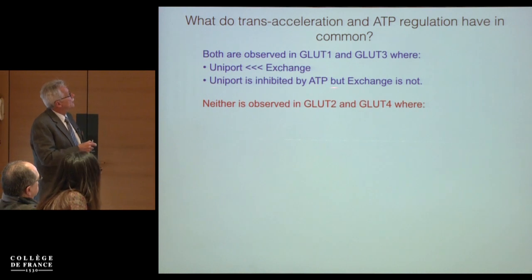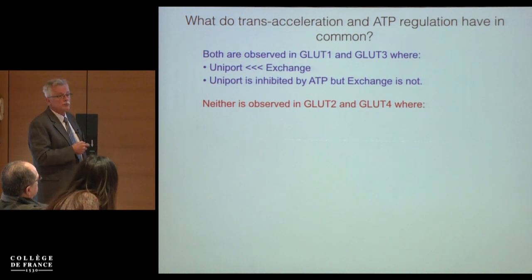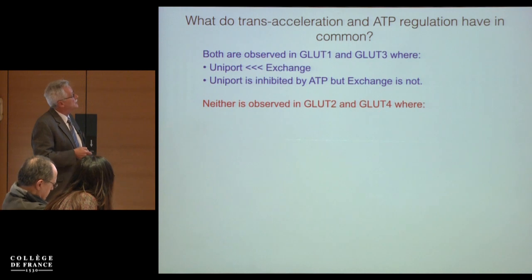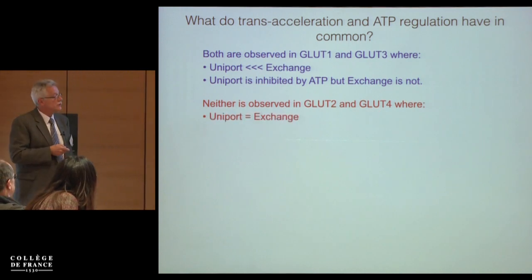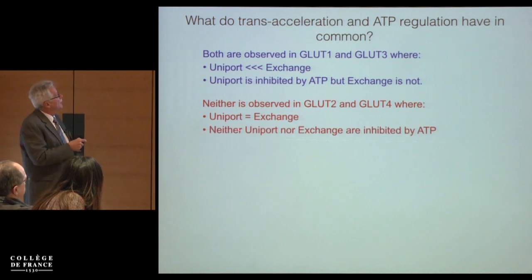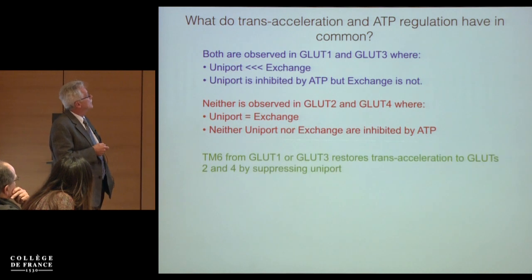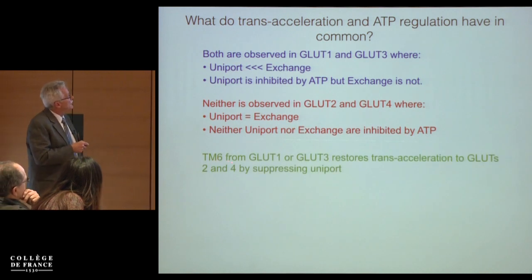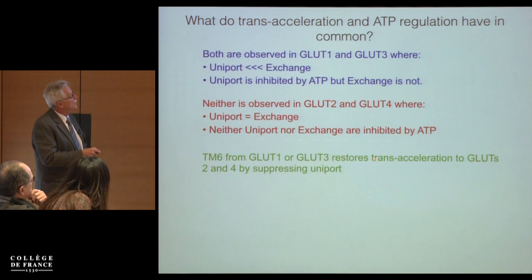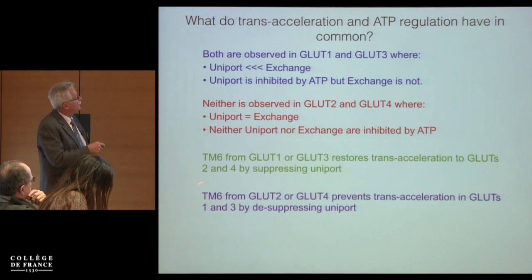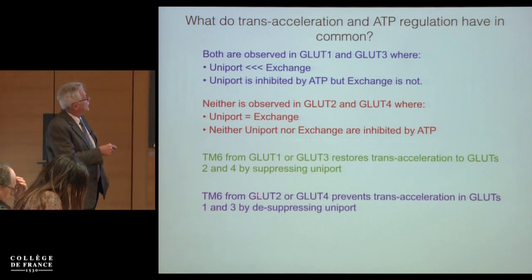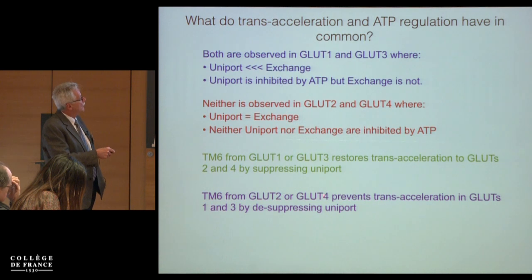Neither is observed with GLUT2, the liver glucose transporter, or GLUT4, the insulin-sensitive glucose transporter, where uniport and exchange occur at the same rate, and neither uniport nor exchange are inhibited by ATP. Thus, transmembrane domain 6 from GLUT1 or GLUT3 restores transacceleration to GLUTs 2 and 4 by suppressing uniport, and the reverse is true for transmembrane domain 6 from GLUT2 or GLUT4.